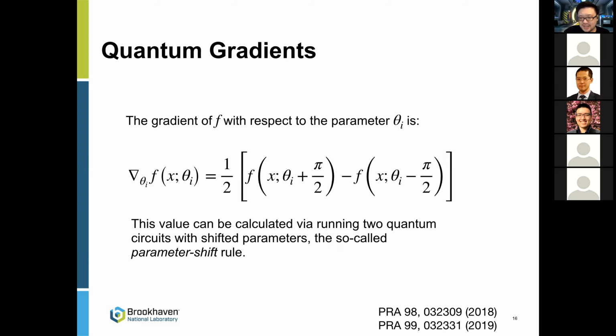And amazingly, this formula can give us the analytical gradient of the quantum function. So once we have the knowledge of calculating the gradient of a quantum function, then the whole backpropagation framework can work seamlessly with the classical models.